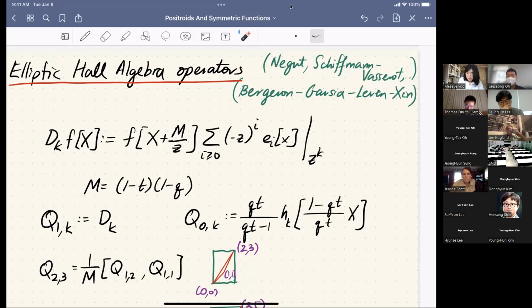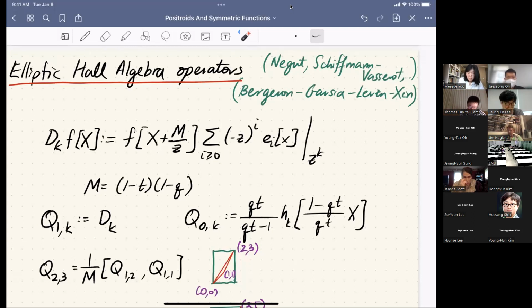I'm going to define only the action on symmetric functions for you. I'm not going to give the abstract definition of the elliptic Hall algebra. I'm going to define this algebra as an algebra of operators on symmetric functions. This is not how it was originally defined.